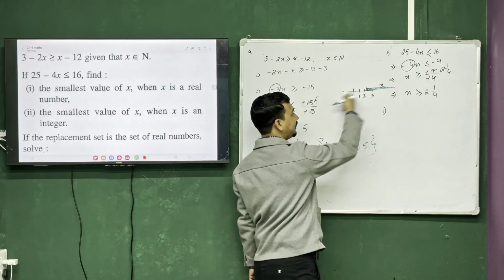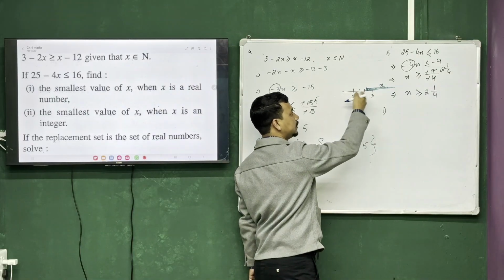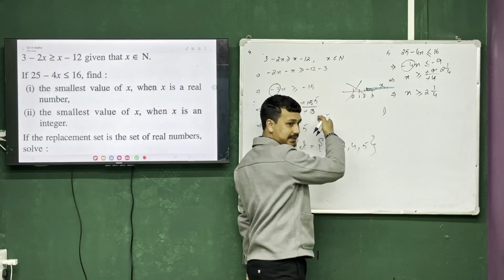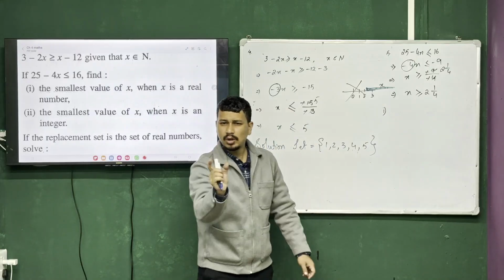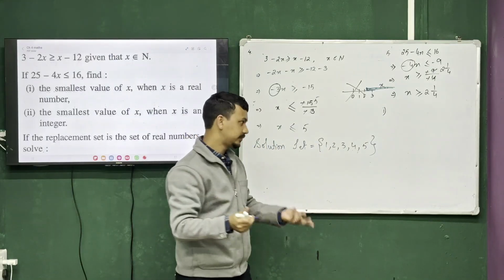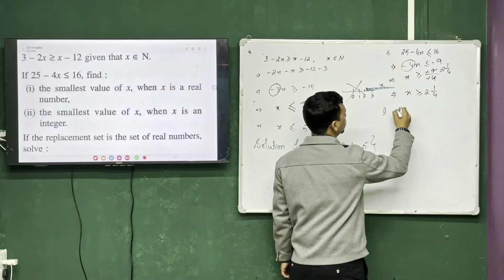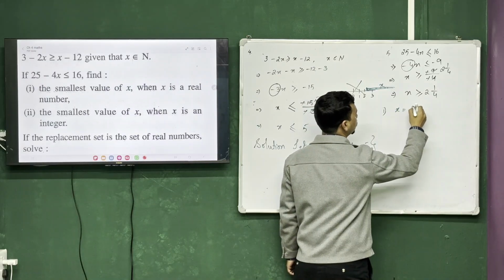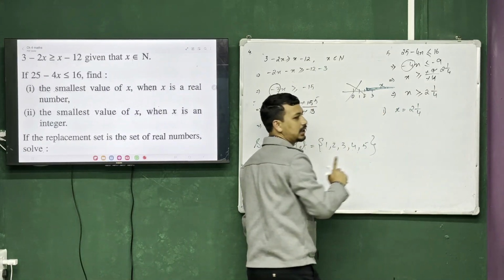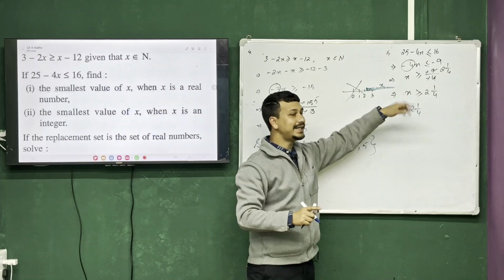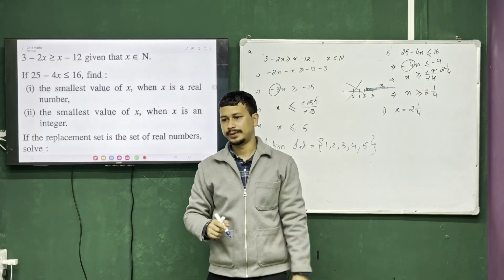Yes or no? Can we have x on this side? No, because on this side it will be less than. So which is the smallest possible value? 2 1/4. That will be the smallest one, because all these numbers will be greater than 2 1/4.